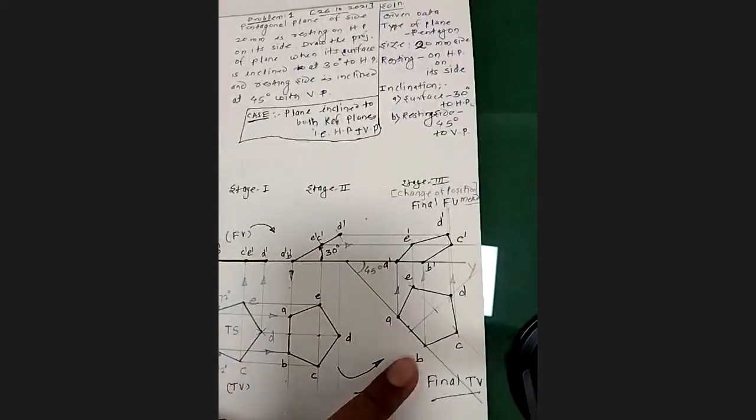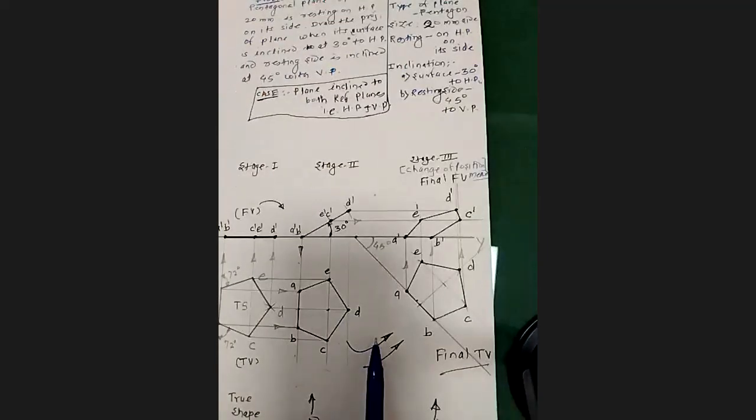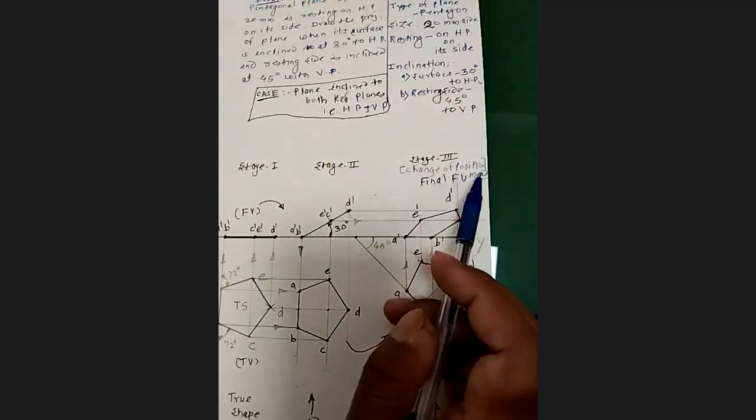The way of getting the third stage, that is the final front view and the final top view, is by rotating the concerned view. In this case, as it is resting on HP, the second stage top view will be rotated in the third stage. So we are changing the position of this view with whichever inclination is given. So the method is the change of position method.